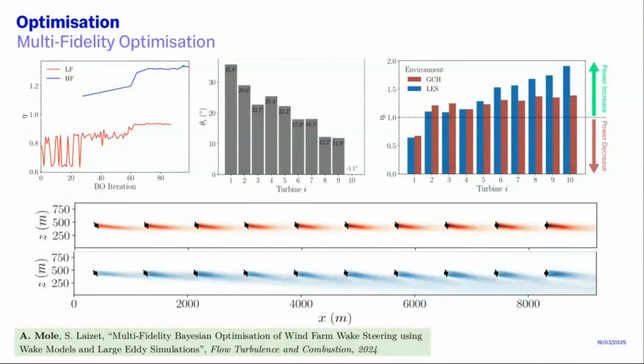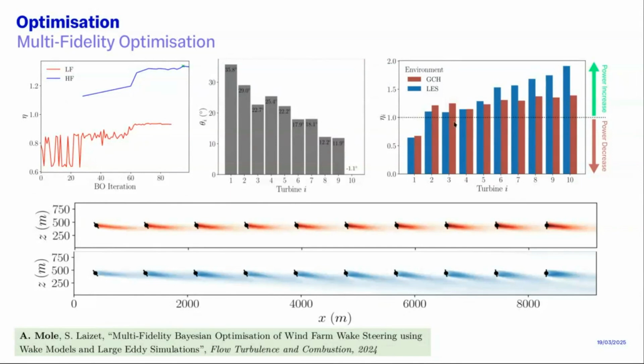When we do this optimization process, we iterate through different simulations, choosing fidelities, and the output of that is then a yaw configuration for the wind farm, where the front wind turbine is yawed the most, and as you go further back in the wind farm, the yaw angle of the wind turbines gradually reduces.